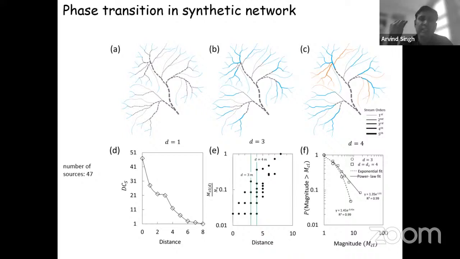So it suggests that the heterogeneity, which could be due to side branching or due to geometry in the link lengths or in the network, could cause this phase transition.